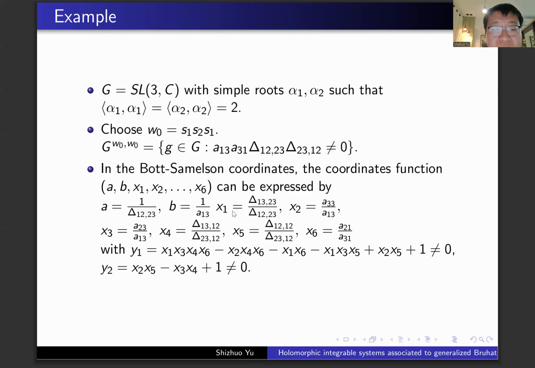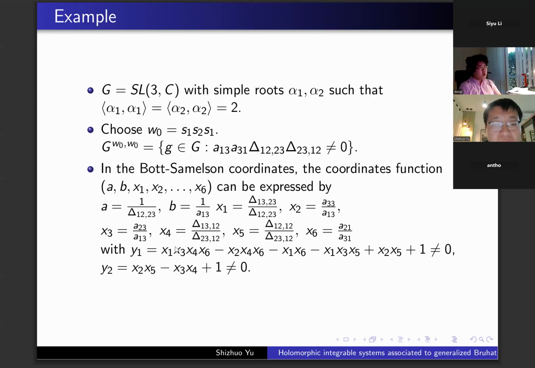It means that in the Poisson coordinates, each coordinate function can be written as a minor in SL3.